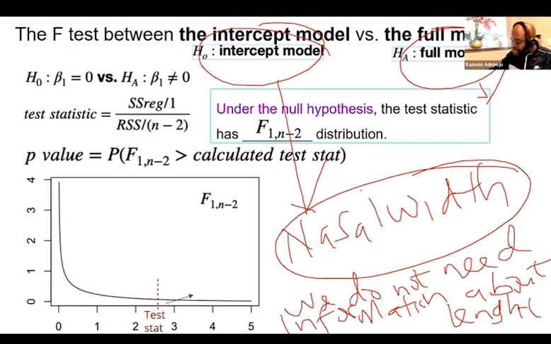But the alternative, which is the full model, is telling you we need information about the nose length to be able to figure out the nose width. The full model is telling you there's a connection, a significant relationship between nose width and nose length. Because before you can predict a variable from another variable, they must have an established relationship. And that's exactly what we're trying to investigate using the F-test. Does that make sense to you now?